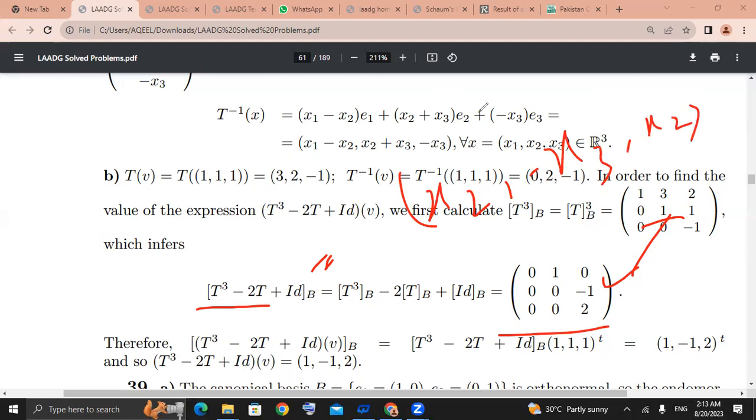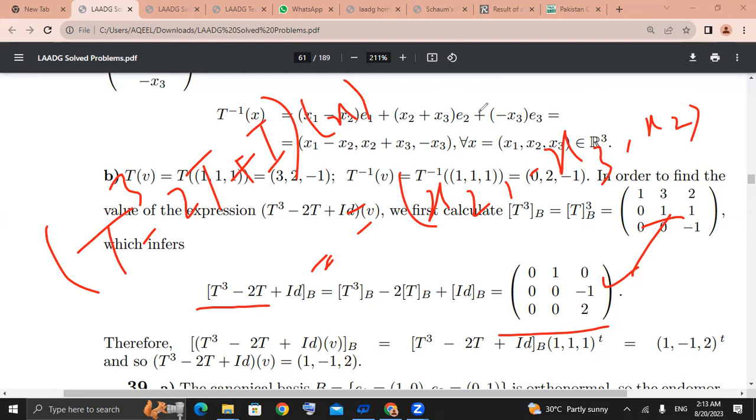You obtained this equal to T3 minus 2T plus I, into x. Now you have to obtain the T of v.